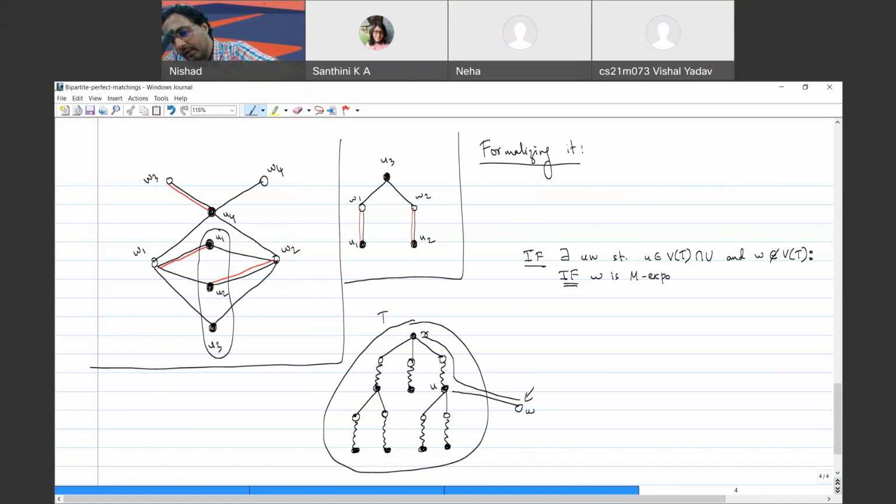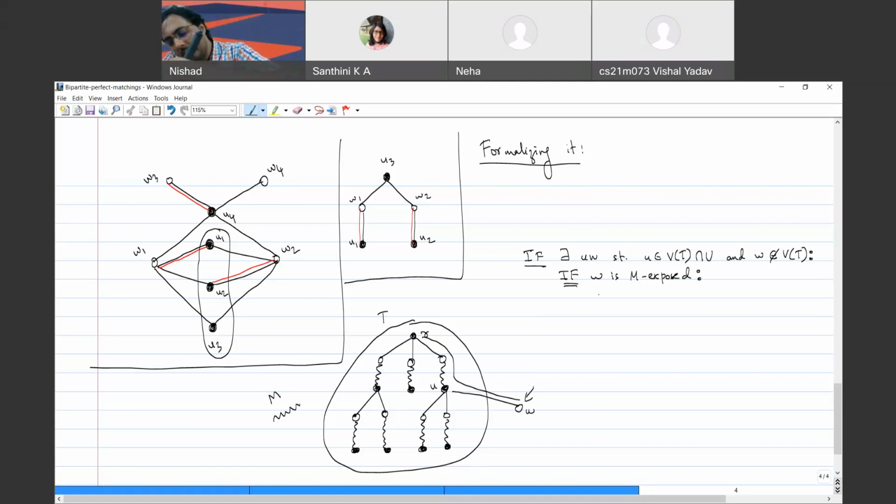That is easier. If it is exposed with respect to the current matching, so the current matching edges are all the edges that look like this. Some of them are in the tree and some of them could be outside. If this vertex is exposed, then what should we do? Then we get an M-augmenting path and we update our matching and we repeat whatever we are doing.